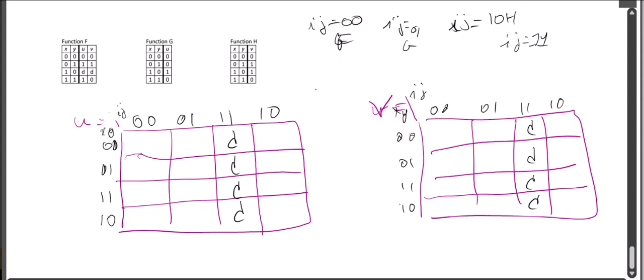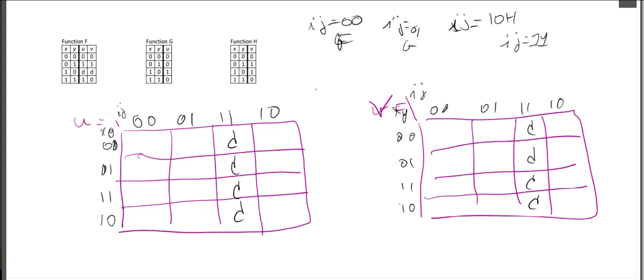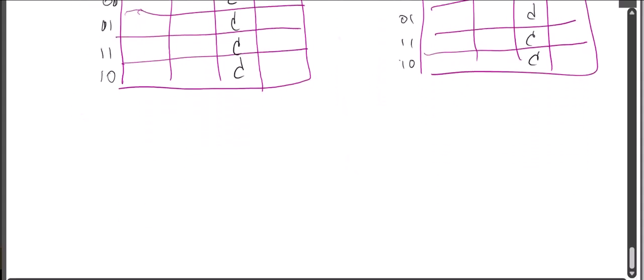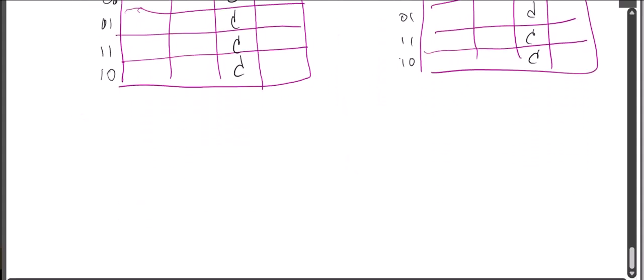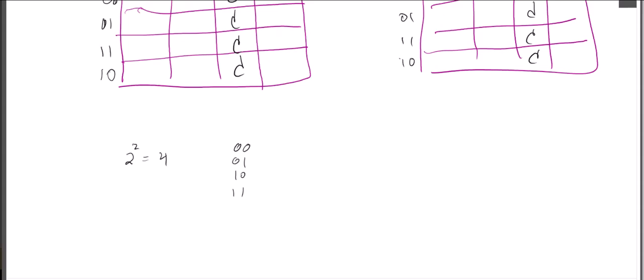And how do you know that ij equals 1, 1 is a don't care? Okay, that's a good question. If you have 2 variables, then the number of possibilities is 2 to the 2, or 4 possibilities: 0, 0, 0, 1, 1, 0, and 1, 1. When you're designing a circuit, you have to account for all of them. So even if the design doesn't tell you about something, the one it doesn't tell you about becomes a don't care.